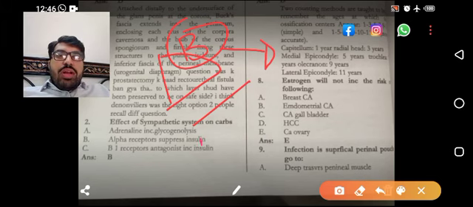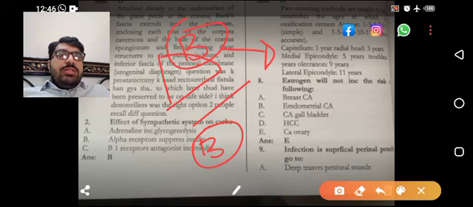But B is also right. The alpha receptor suppresses insulin. The alpha receptors, but which alpha receptors? Alpha 2. Remember, 2 is always in the pancreas, 1 is always in the kidney. So beta 1 and alpha 1 belong to the kidney, beta 2 and alpha 2 belong to the liver.